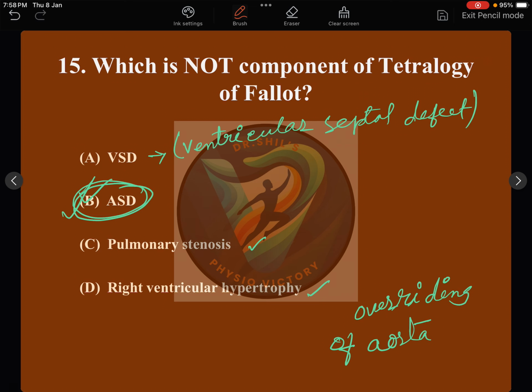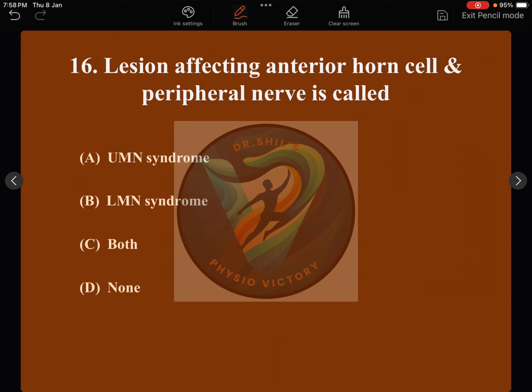Next come to question number 16. Lesion affecting anterior horn cell and peripheral nerves is called option A UMN syndrome, option B LMN syndrome, option C both, option D none of the above. Here the correct answer is LMN syndrome.